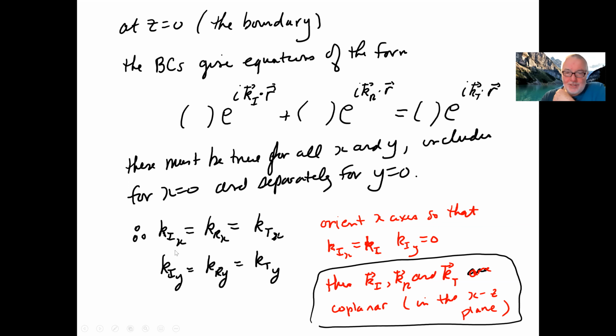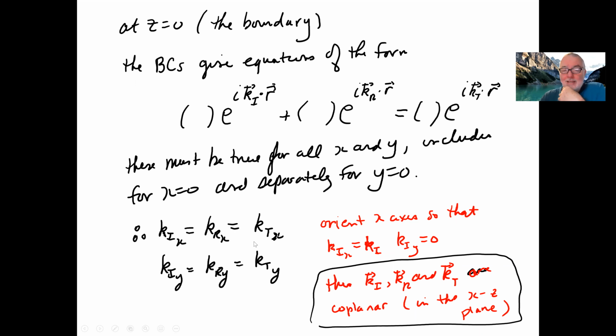And so for y equals 0, it's going to be e to the i k_ix times x, plus e to the i k_rx times x, and this is going to be e to the i k transmitted x times x, right? And then that relationship we have with the capital A plus B plus C and the lowercase a equaling lowercase b equaling lowercase c tells me that k_ix has to equal k_rx and has to equal k transmitted x.